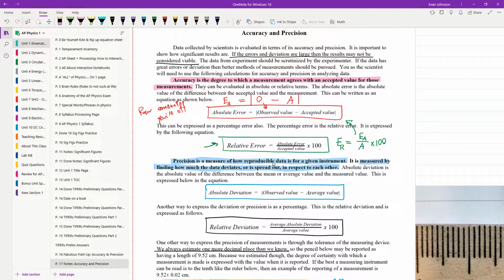Relative error is the percentage error, and we have the same thing with deviations. Essentially we had to find the raw difference that they're off, and in our case we had 5.5 and 5.8, so that's 0.3 newtons. Then we take that raw amount that we're off and divide it by the correct value.